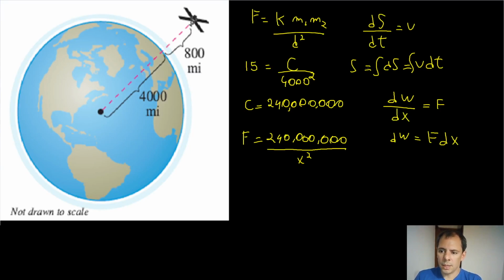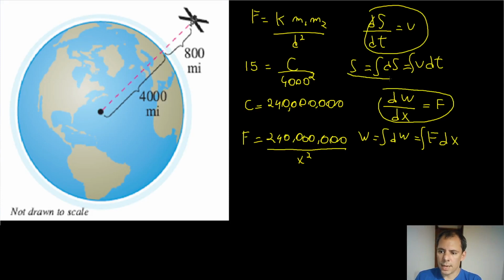I want to make an analogy between this and this. So if you integrate this stuff, what's it going to be equal to? The work. Exactly what I did in here, I did in here, and exactly what I did in here, I did in here, right? Just for you guys to understand.